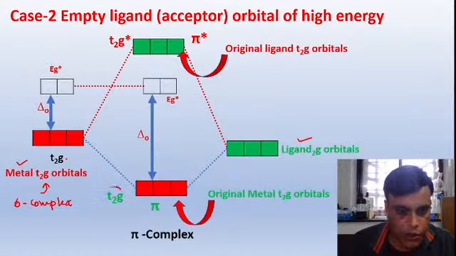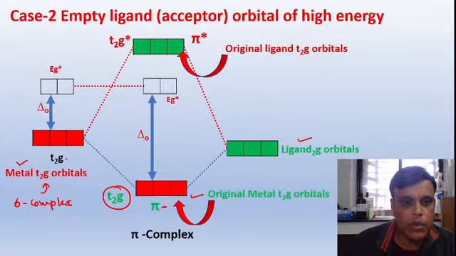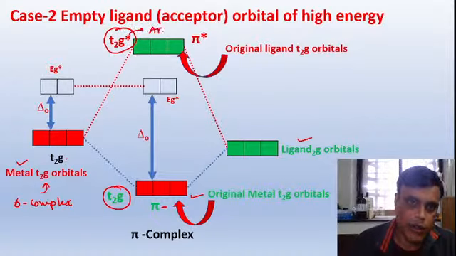They combine and form a t2g orbital which is lower in energy, so it is called a bonding orbital indicated by pi, and again they form another set of t2g orbital which is higher in energy, indicated by star, so it is an anti-bonding orbital.